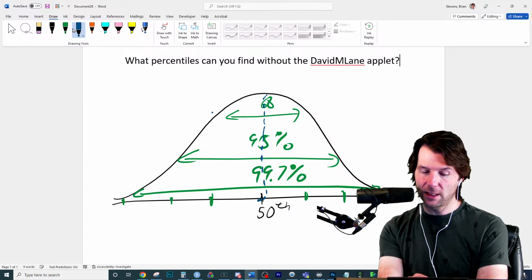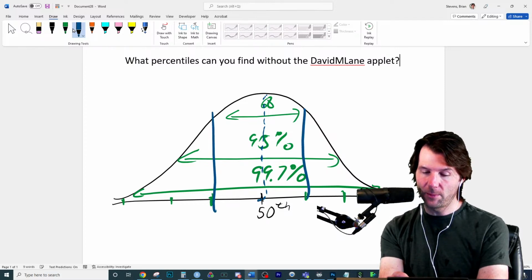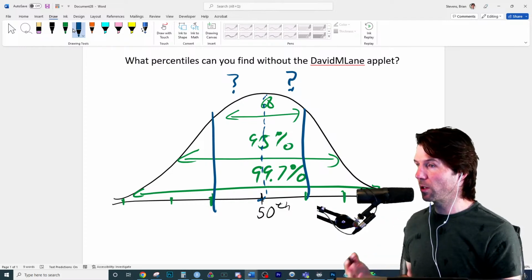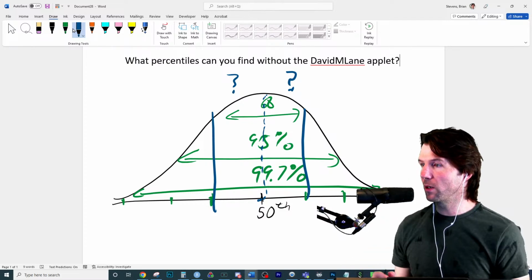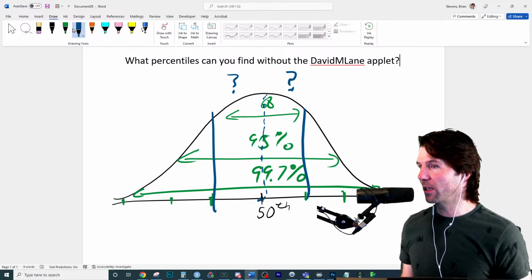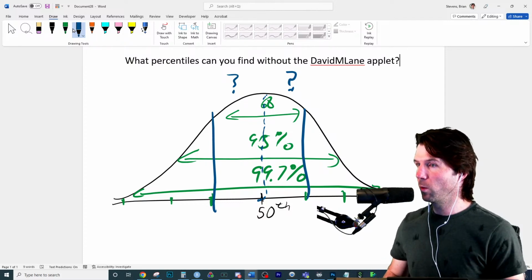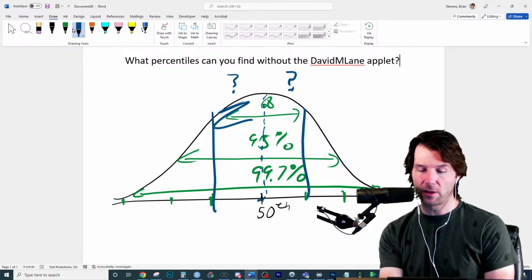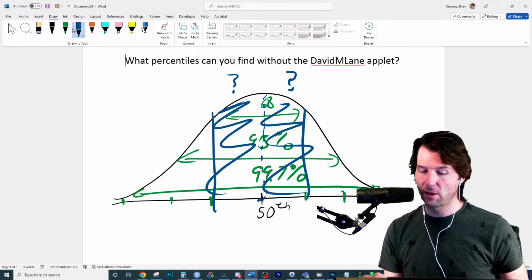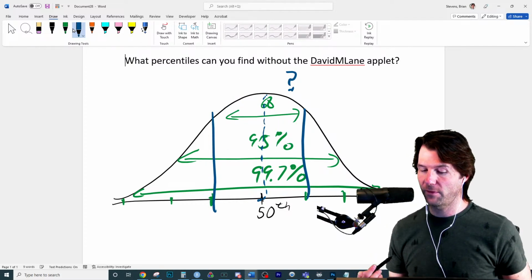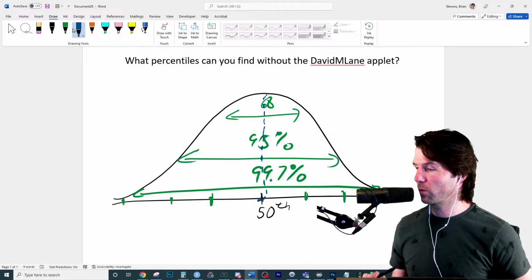If I cut 68 in half, how much are these areas worth? This is something we should know and practice. Great job, we had someone solve this in class. If I cut 68% in half, I have one area over here and another area over here. How much is one of those worth?